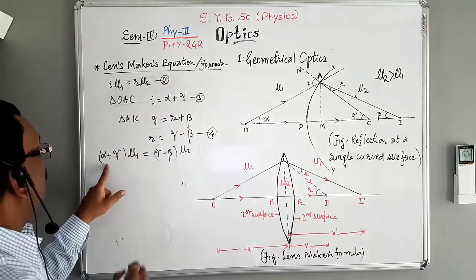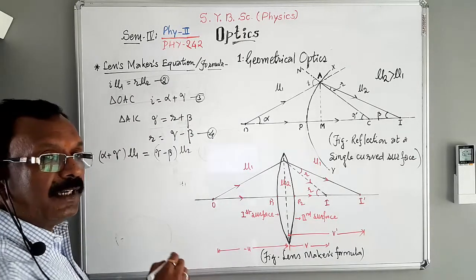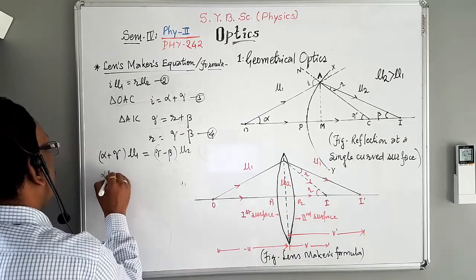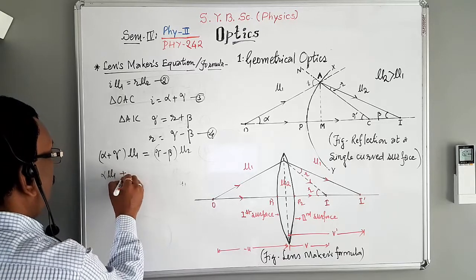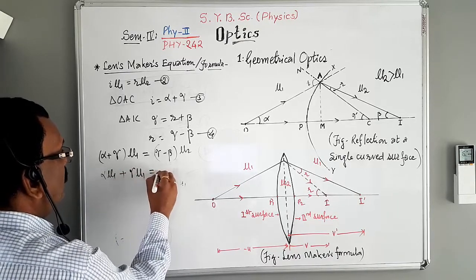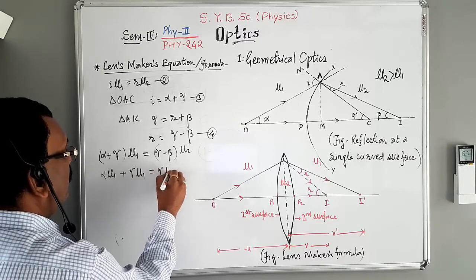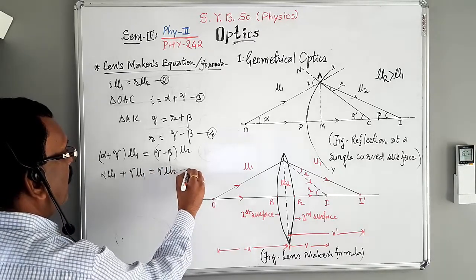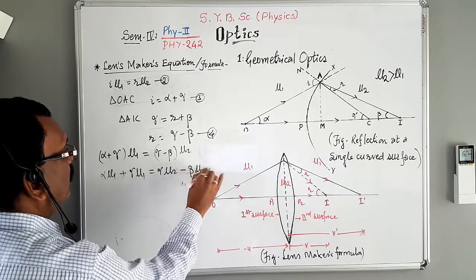Instead of this we can write alpha mu 1 plus gamma mu 1 is equal to gamma mu 2 minus beta mu 2.